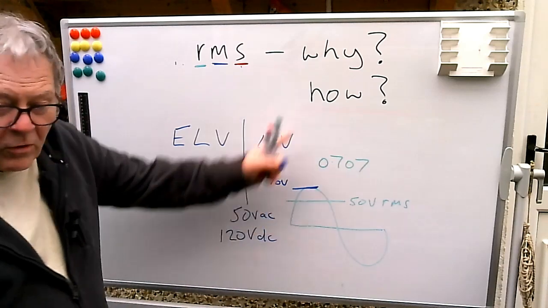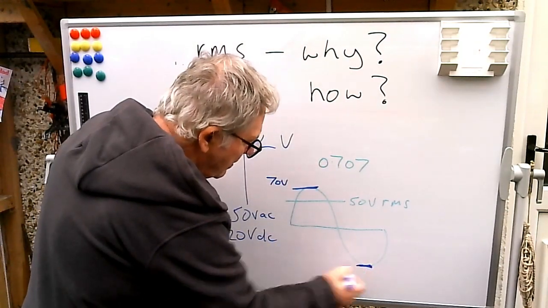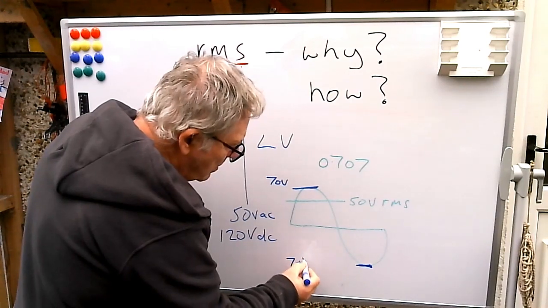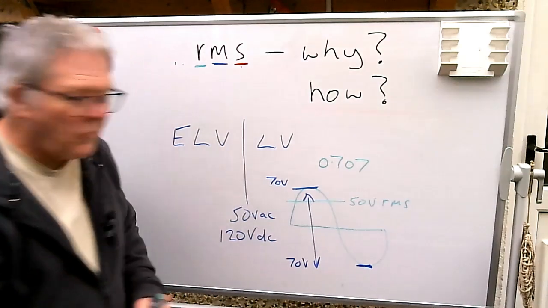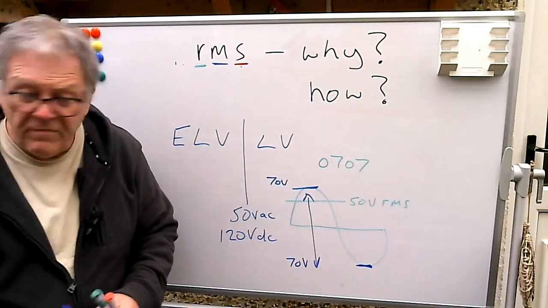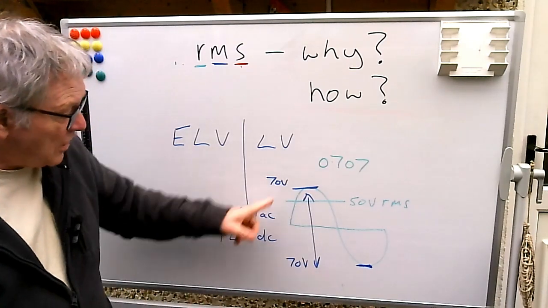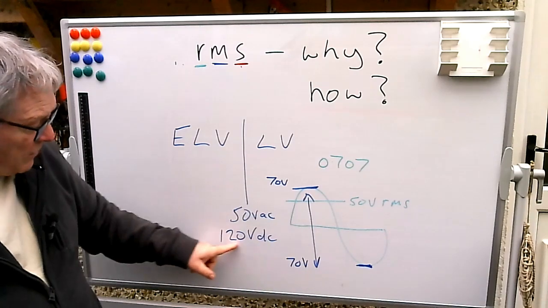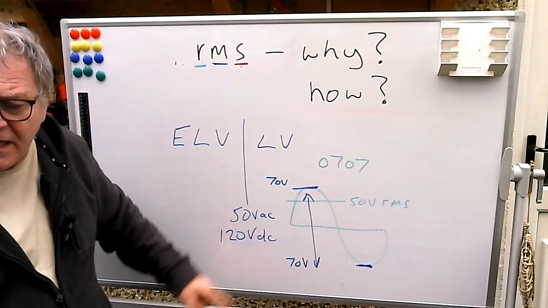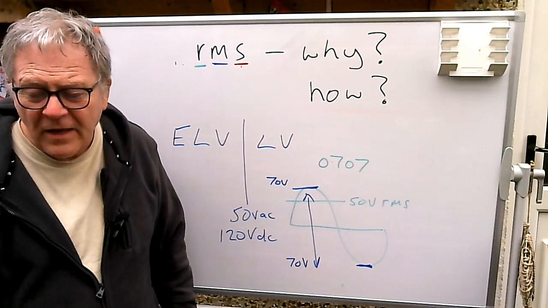And I've got 70 volts on the north side, and I've got 70 volts down here. So for an RMS waveform, 50 volt RMS, it's actually 140 volts peak to peak, which is why it comes up near to this figure that they give here, the 120 DC. There you go. So that's it.